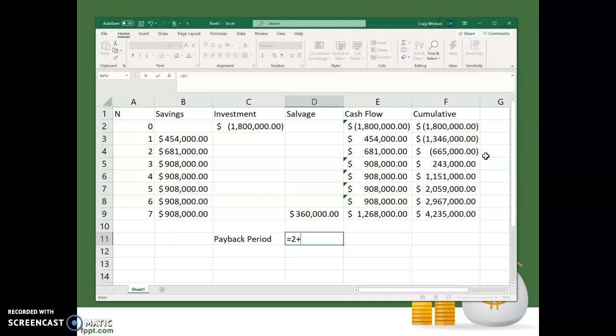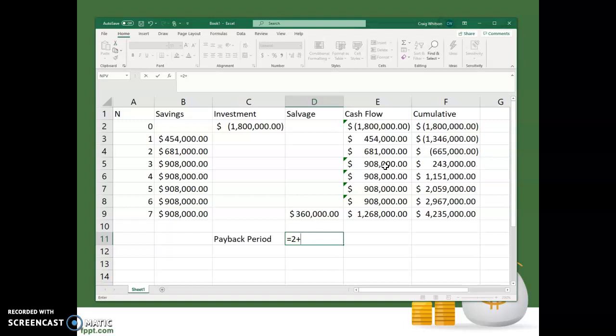And that means that the original investment will have been paid off. Now, if we look at how much money we are going to make in the following year, in year 3, that's $908,000. So if we wait for the full year to go by, we're going to go past that point where the balance is 0.